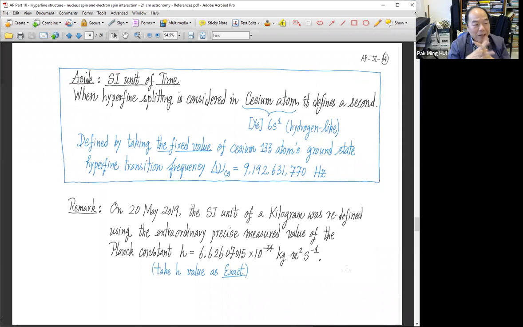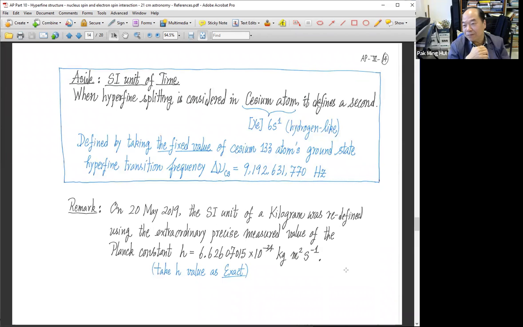Why are we discussing here so tiny an effect? For several reasons. Reason number one, I encourage you to look at the definitions of SI units of different things. For example, the SI unit of time.